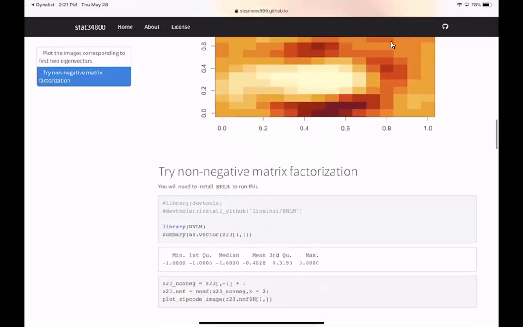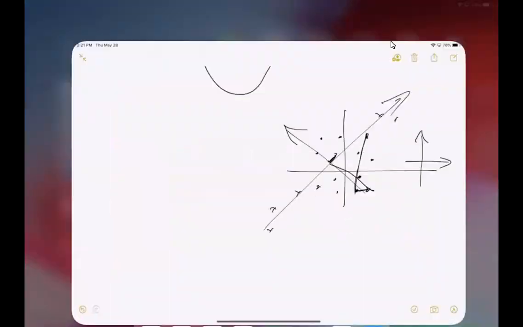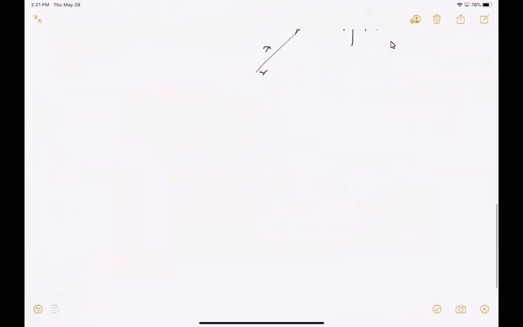So maybe, let me just say what it is. Instead of writing X equals U D V transpose as we did for the singular value decomposition, you can write this just as L F transpose, because this was n by k, this is k by k, or I might have used r instead of k, but this is k by p.